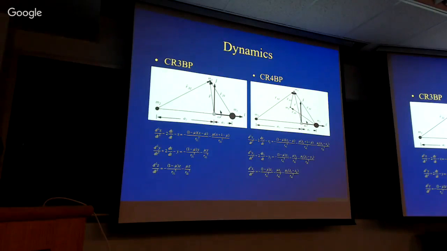In the circular 3-body problem, M1 is the Earth, M2 the Sun, and M3 would be the asteroid. Transitioning to the circular restricted 4-body problem, like I said, the asteroid is an additional gravitational perturbation.